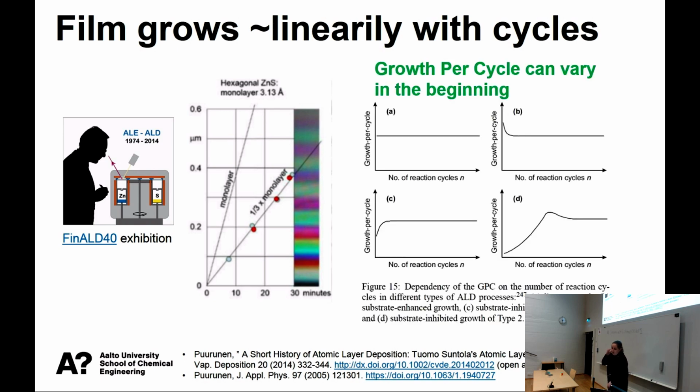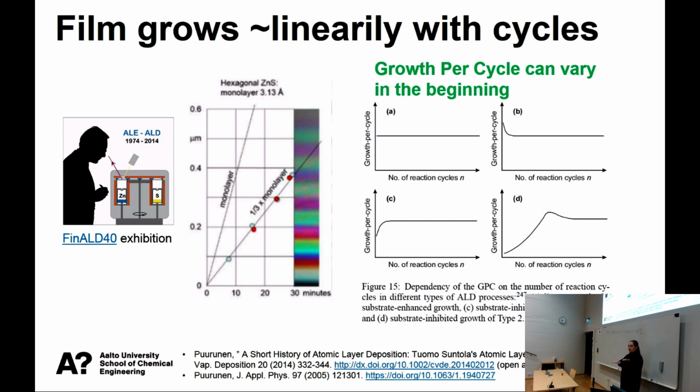So when we look at the big picture, the film grows linearly with cycles. But when we look at the very beginning, this is not necessarily true. So if we think that on a catalyst support, for example, it could be aluminum oxide, and we could deposit nickel oxide or gold or whatever there.